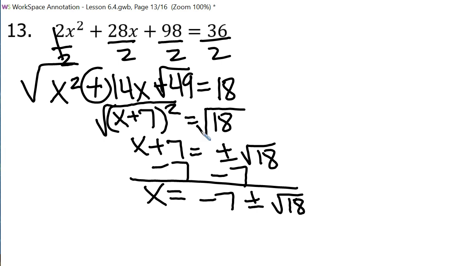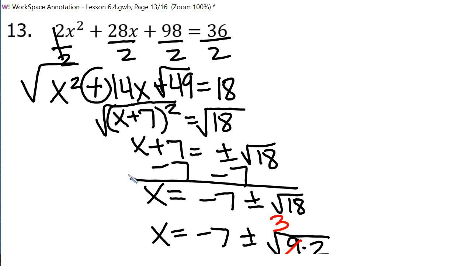Is that radical in simplest form? No, so simplify it. And what was the perfect square for 18? 9 times 2. Mark out the 9. What's the square root of 9? 3. So x equals negative 7 plus or minus 3 square root of 2.